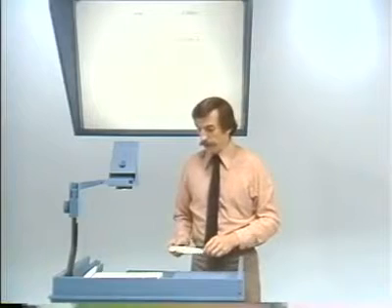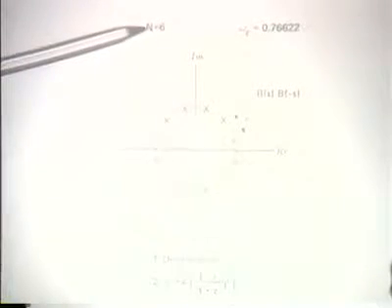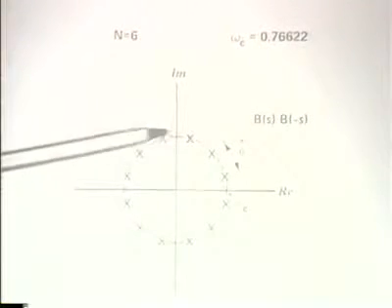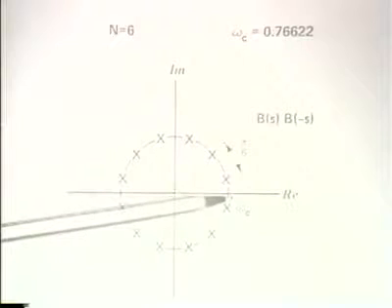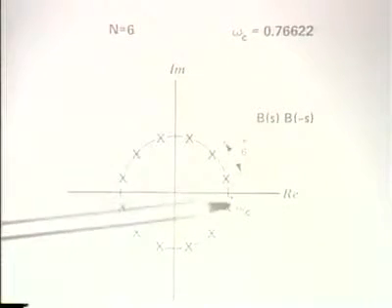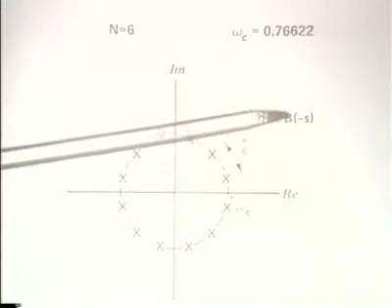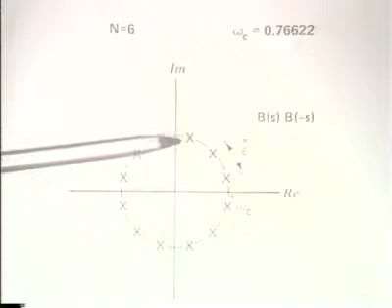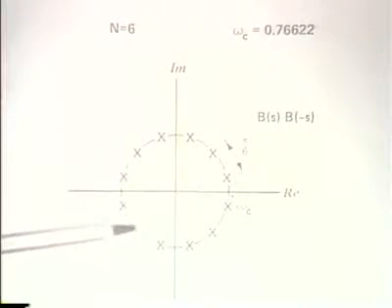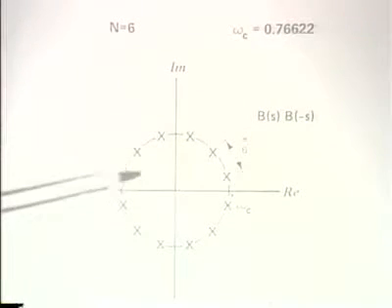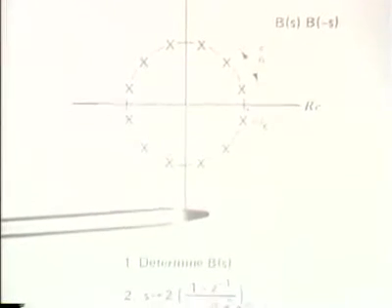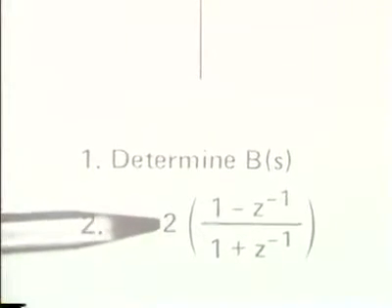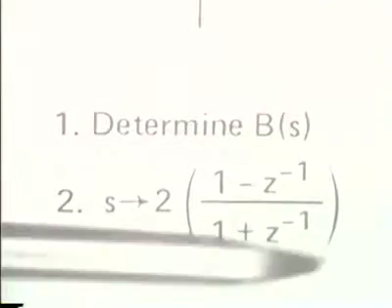And so now we want to complete the design procedure, and given the parameters of the Butterworth filter, we can draw our appropriate circle in the S-plane, which happens to be the same circle as before but with a different radius, and then associate poles on this circle with B of S and B of minus S. In particular, take the ones in the left half of the S-plane, same ones we had before, except we have a different value for omega sub c, and those then represent B of S. So we can now determine B of S, and once we have the transfer function B of S, we then map that to a discrete time filter through the bilinear transformation.